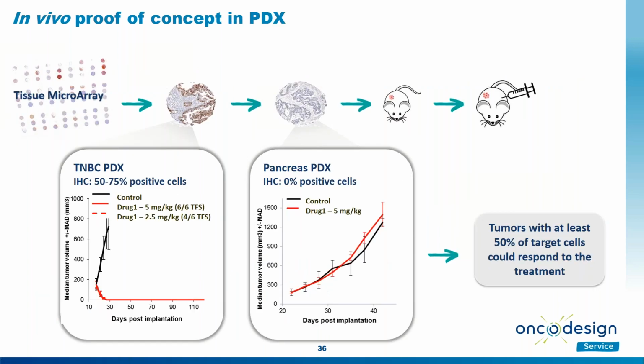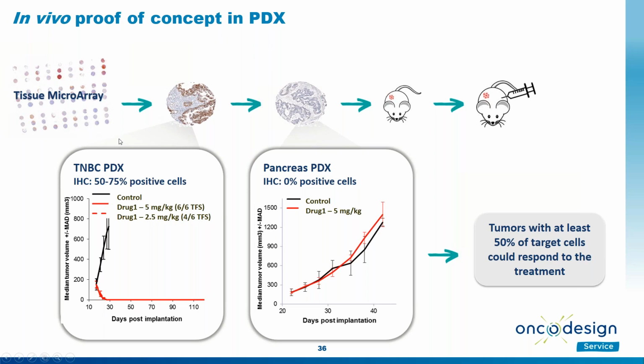And then, based on these results, we investigate the efficacy of the compound in other models that are normally more representative of the human situation. These models are patient-derived xenografts, and we selected tumors and models from a tissue microarray based on the target expression with immunohistochemistry and select one tumor.